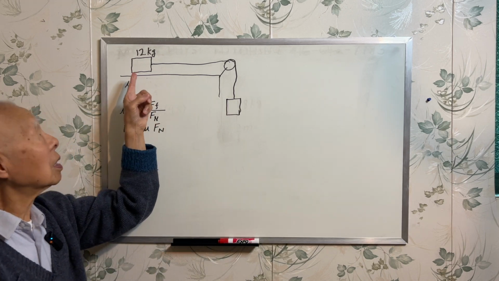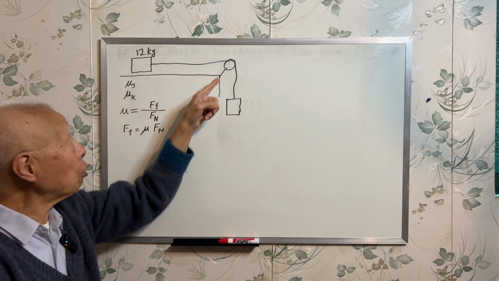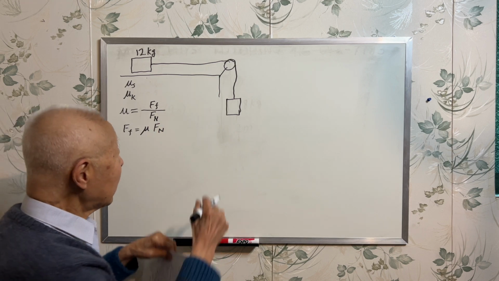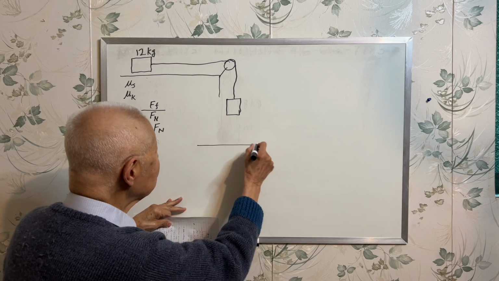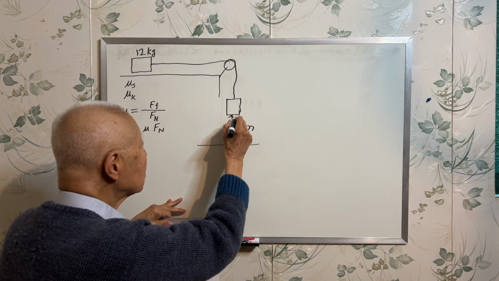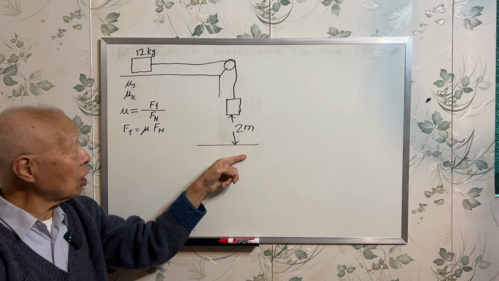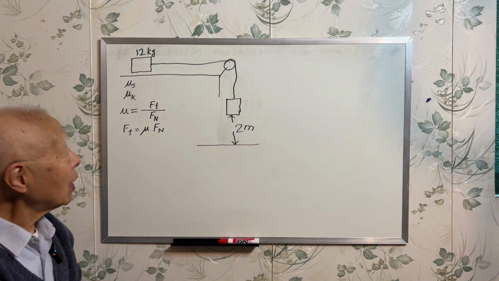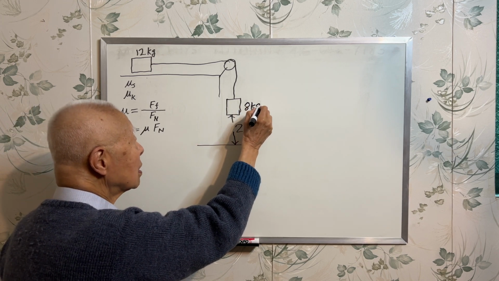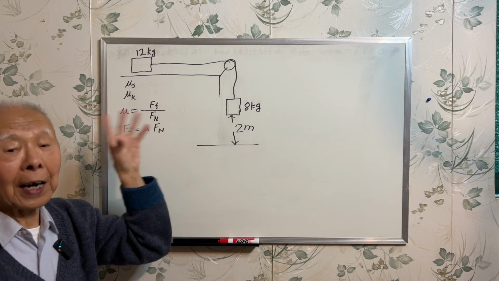This mass is tied to this mass through a pulley, through a rope. And the floor is 2 meters below this mass. And this mass is 8 kg. Okay, that is the problem.